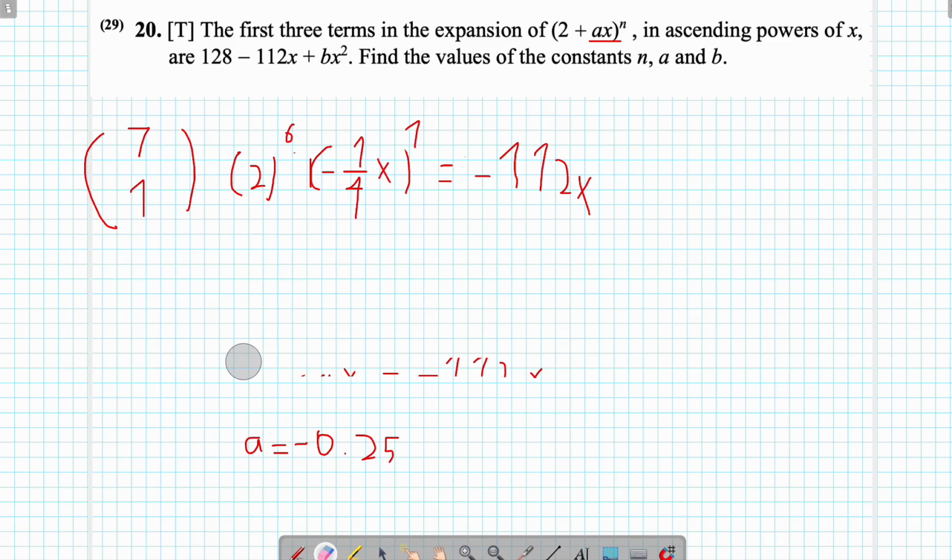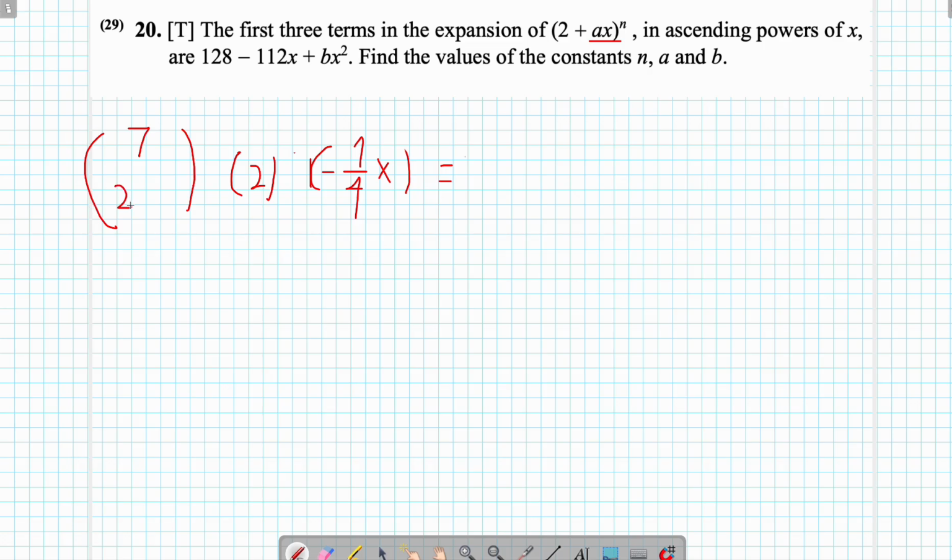Then we're gonna move on to the next term, which is bx squared. When it's bx squared, k is 2. So 7C2 times 2 to the 5 times (−1/4) squared is equal to bx squared.